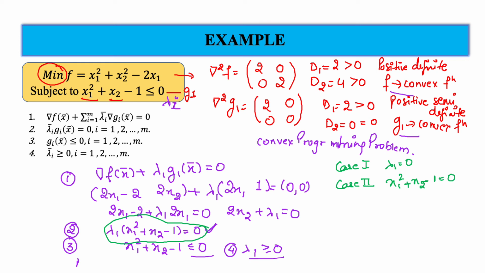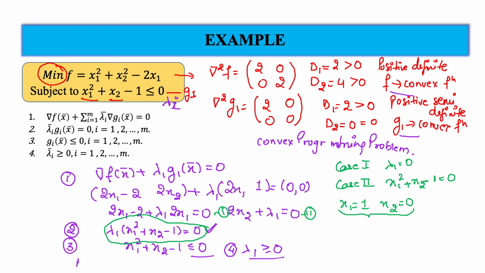So these are the 2 cases we are getting. Let's see the first case, when lambda 1 equals 0. This is equation number 1, this is equation number 2. From the first equation you will get x1 equals 1, and from the second equation you will get x2 equals 0. So we got 1 point.